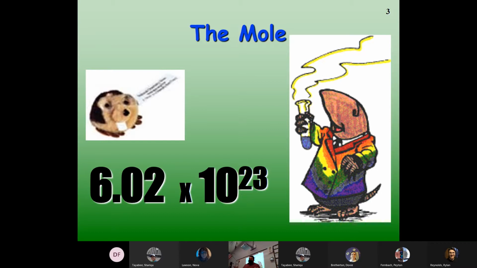Whereas a teaspoon is a certain amount of stuff, a mole is a certain amount of atoms. And it is a really, really large number of atoms. It's 6.02 times 10 to the 23rd atoms, or molecules.